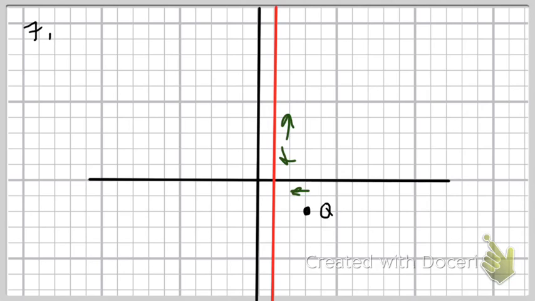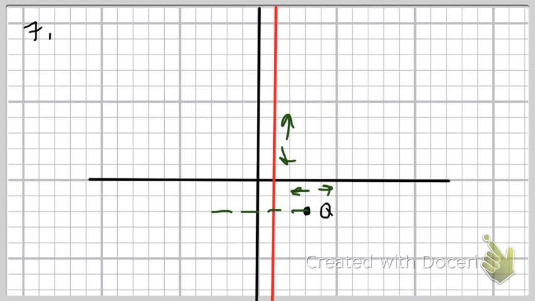Remember, that line, x equals 1, is going to be the perpendicular bisector of Q to Q prime. So we know that the line connecting Q to Q prime has to be horizontal, going left to right.